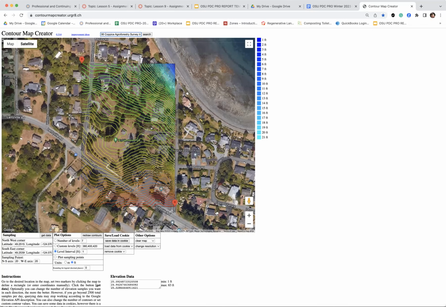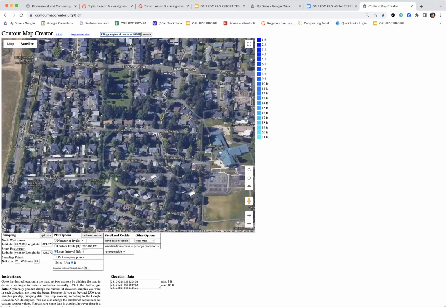There we go. Now, the one thing I find challenging with this is actually finding the site. It doesn't give me a little marker. Joe, I'm assuming that it's either one of these houses here. Is that correct?